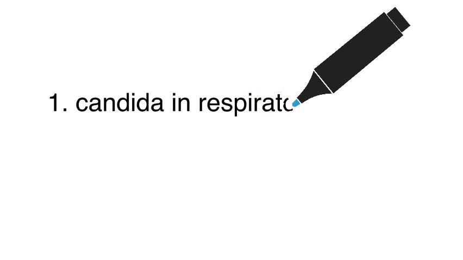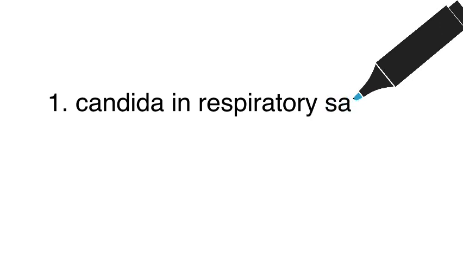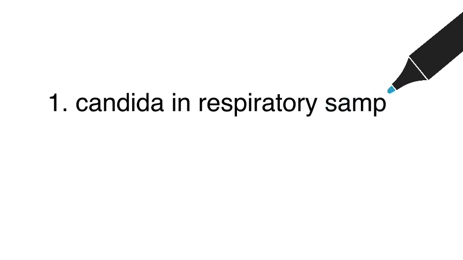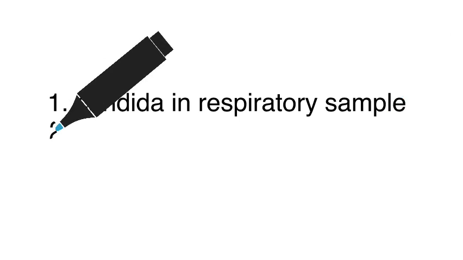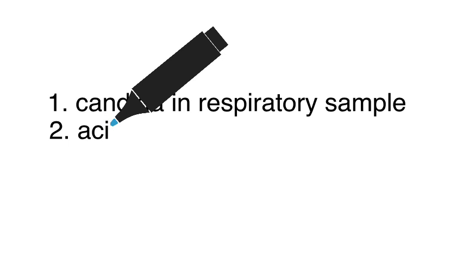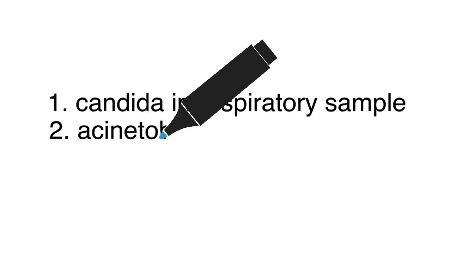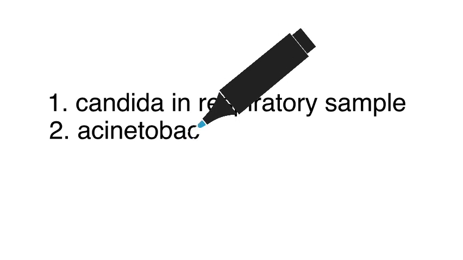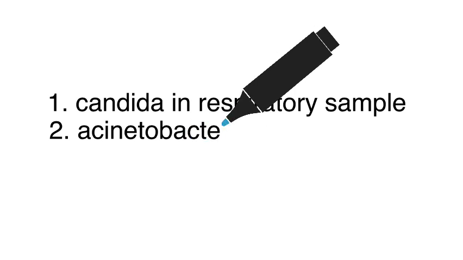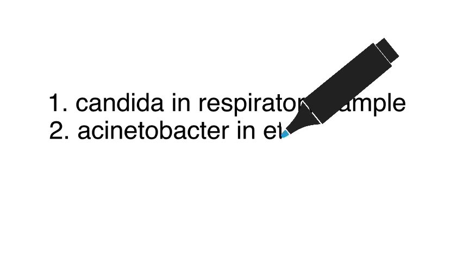And Acinetobacter positive in ET secretion. This is the most common culture report you will ever come across when you are doing ICU appointments. Just because Acinetobacter is there in the ET secretion, there is no need to treat unless the patient has features of ventilator-associated pneumonia, such as rising CRP, fever, or chest X-ray changes.